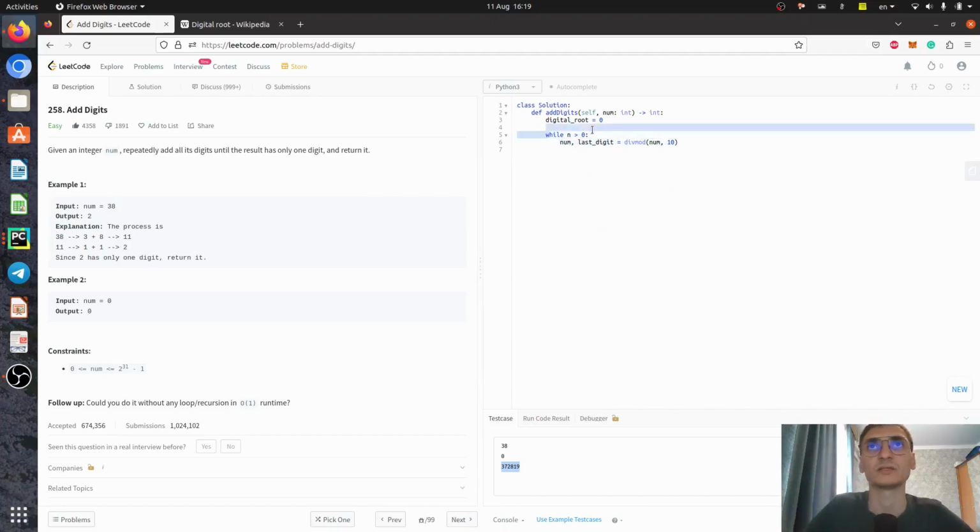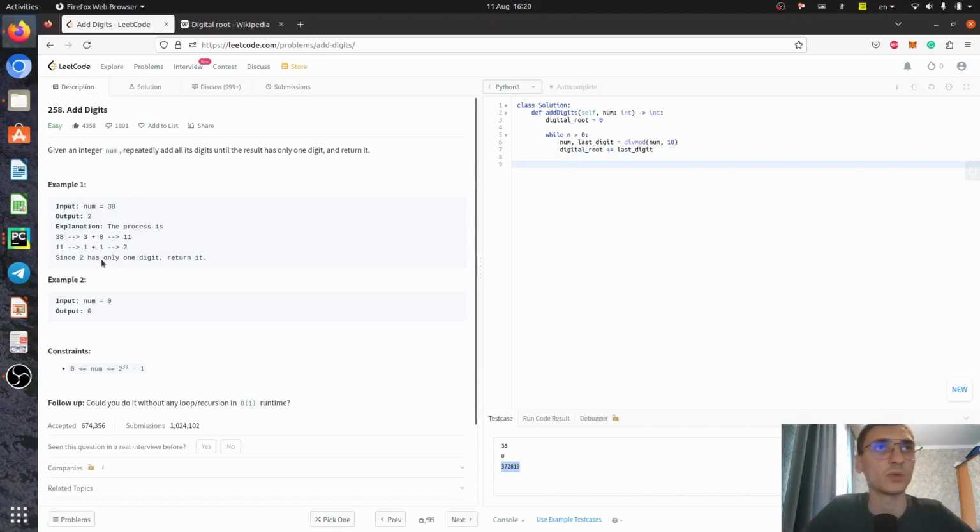So we need this loop firstly. In this loop, we are calling the divmod operation to extract our new number and last digit. We need our last digit to be added into our digital root.